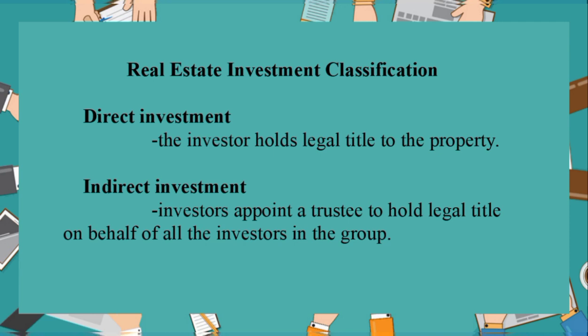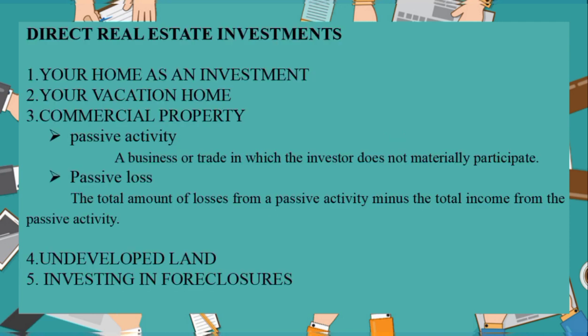In indirect investment, someone else is in control of your investment. It is a form of investment through financial institutions like mutual funds or limited partnerships. These are examples of real estate investment: your home, your vacation home, commercial property, or any land and buildings that produce rental income.